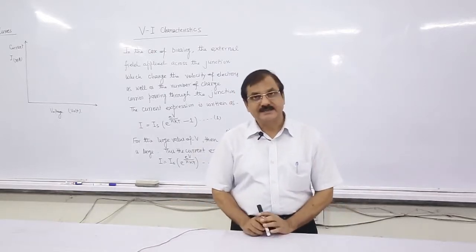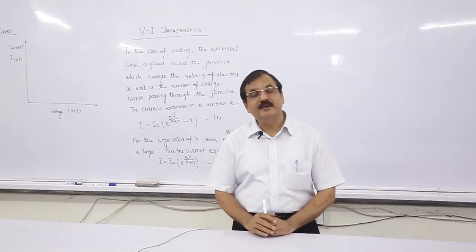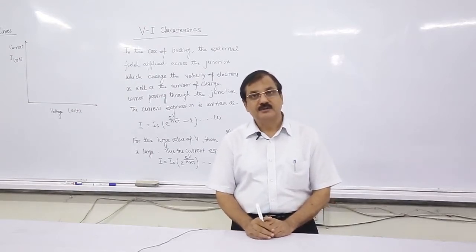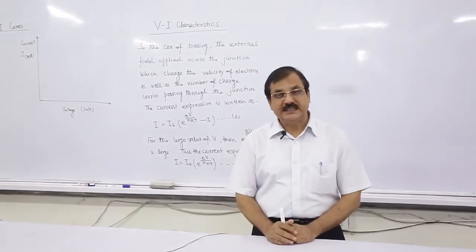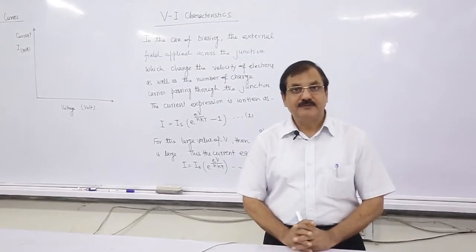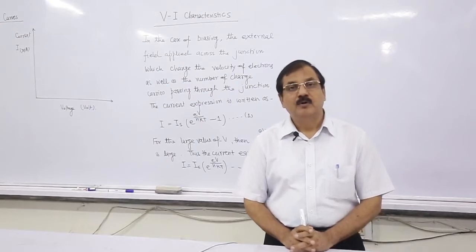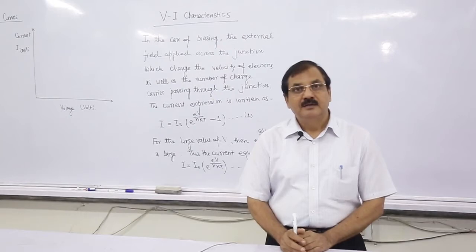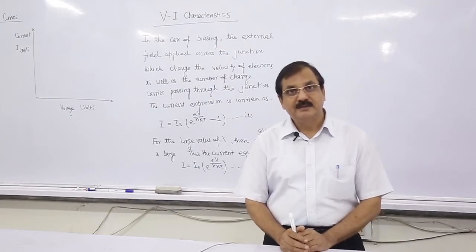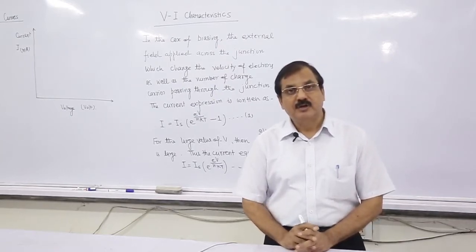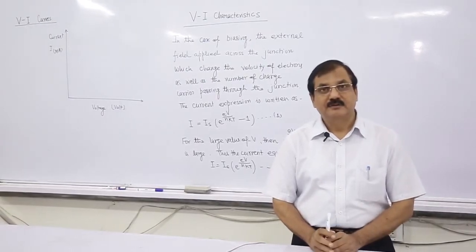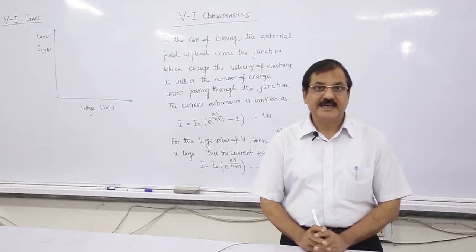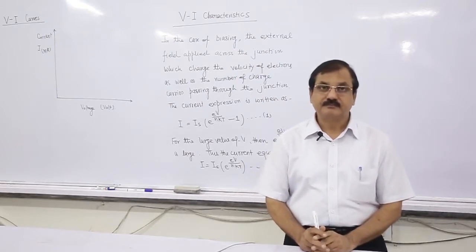In both cases, when the external field is applied across the junction through the external source, that field modifies the complete variation in electrons, with the number of electrons as well as the velocity of electrons.